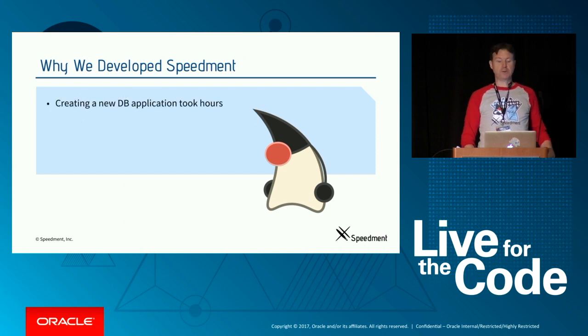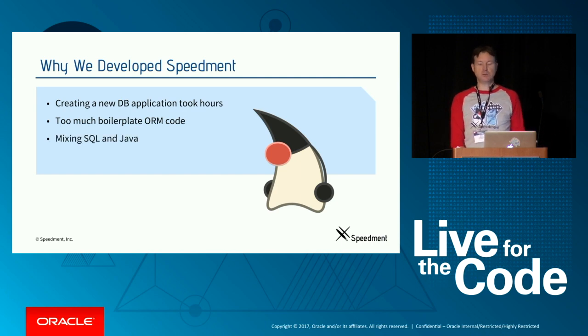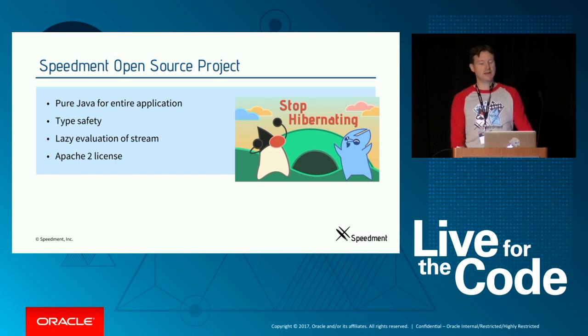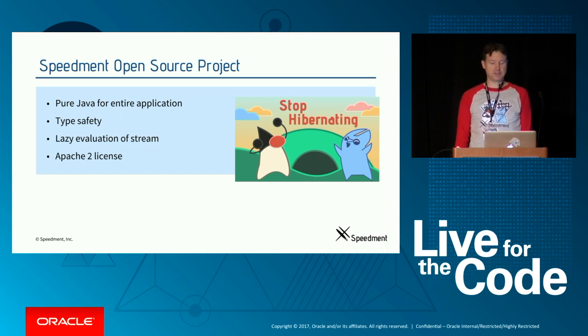So why did we develop Speedment? We realized that it takes a long time to write an application with a database. It was a lot of boilerplate coding. And you have to mix SQL and Java, and even though it's maybe not exactly SQL, it's something similar to SQL. And it was slow. So we created Speedment, and we use pure Java for the entire application, and everything is type safe.